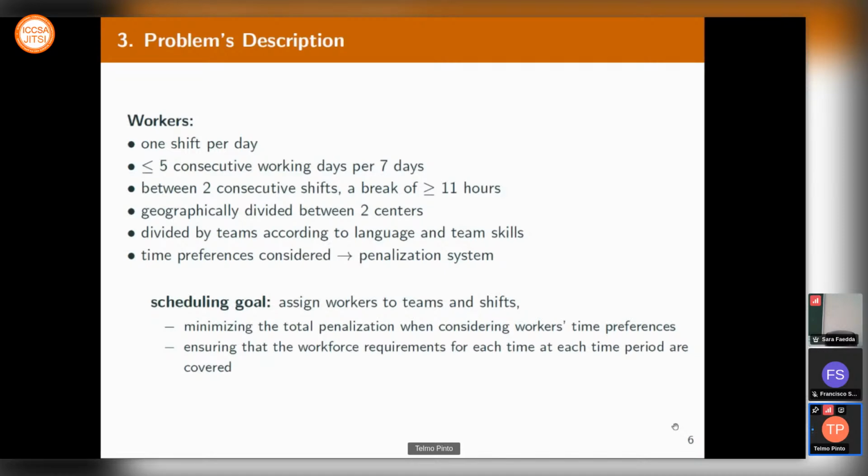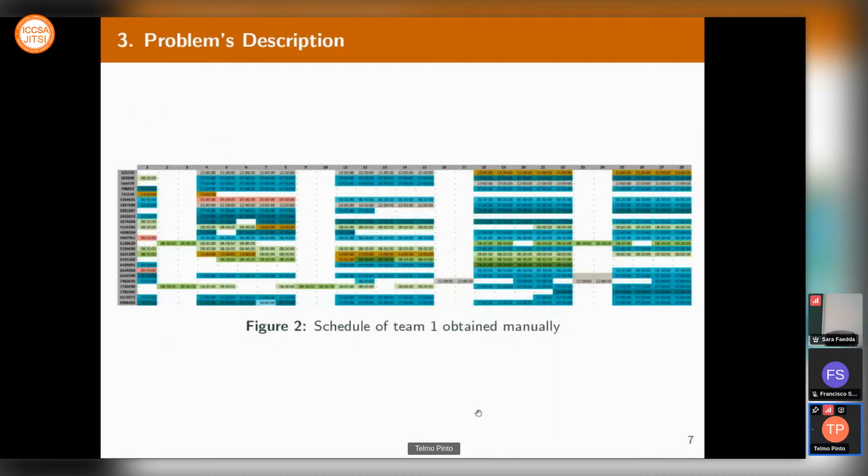Therefore, the primary scheduling goal is to assign workers to teams and shifts by minimizing the total penalization associated with the workers' time preferences. Additionally, the schedule must ensure that workforce requirements for each time period are covered, so that the customers' demand is satisfied.